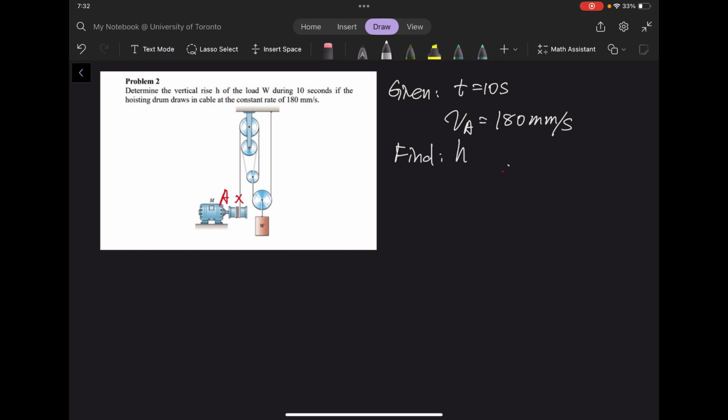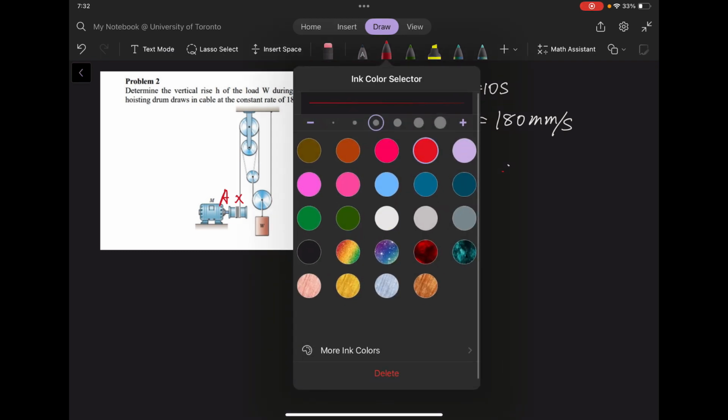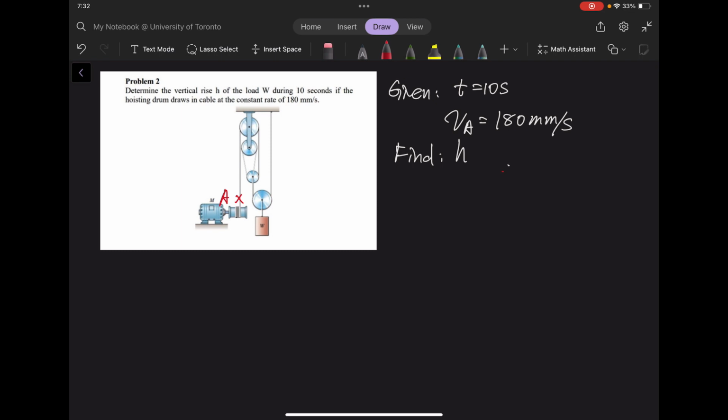rise h. The main point to solve this kind of problem is to determine how many cables we have and what's the length of these cables. We have 2 cables in this case. Here's our cable number 1 and here's our cable number 2. We need to define zero distance right here. Here is our SA, here's our SB, and here's our S weight.